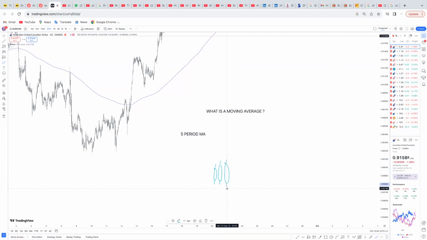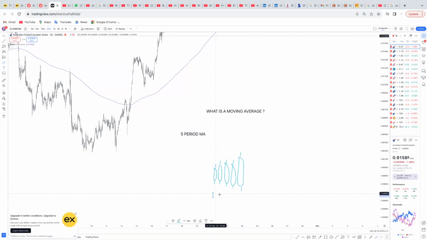You should excuse my drawing. This is candlestick 3. I'm not really an artist. This is candlestick 4, and then it keeps going higher than the previous one. And this is candlestick 5.